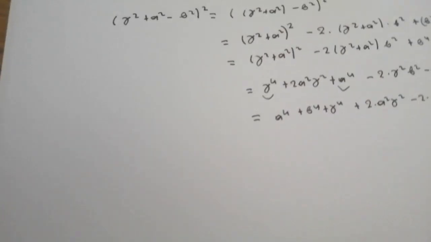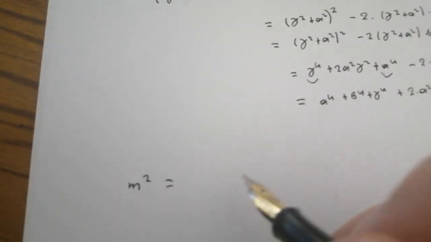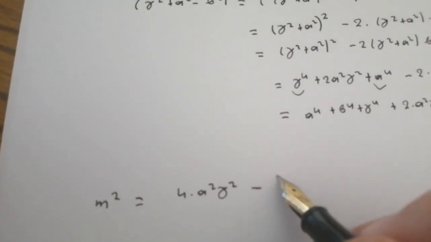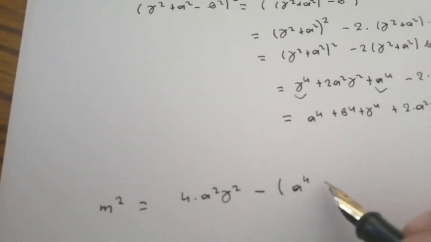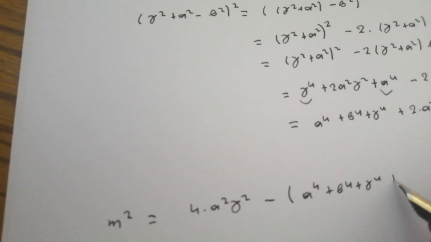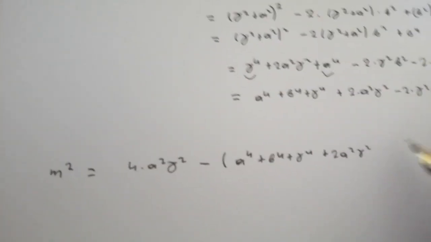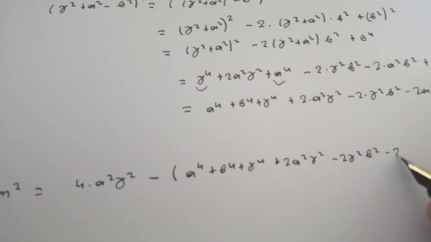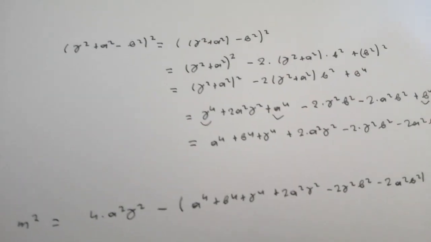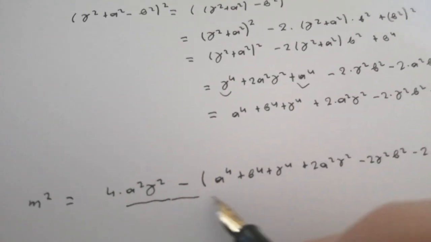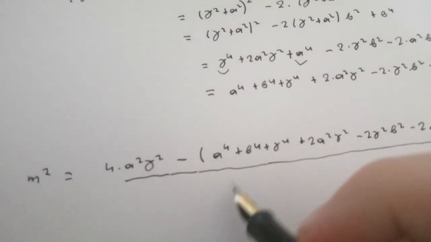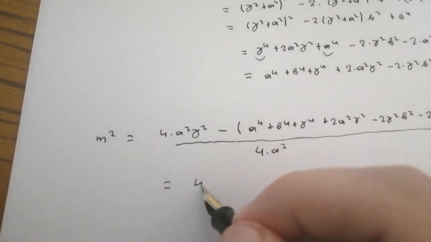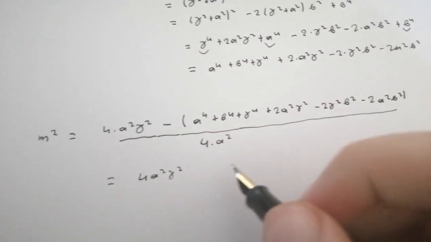Now let's go back and find the expression m squared. So this is 4 times a squared gamma squared minus this quantity over here, and this is over 4a squared. We just have to do some computations there.